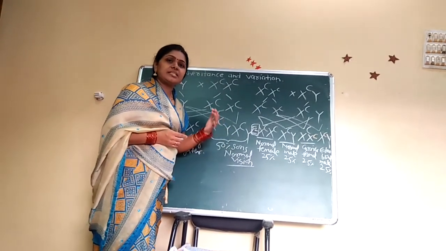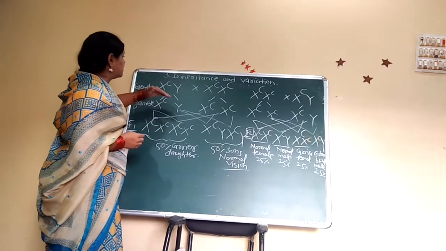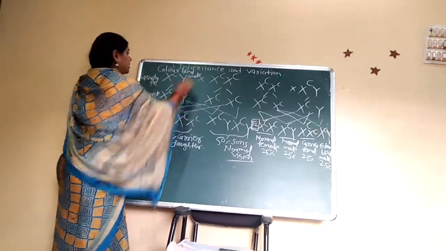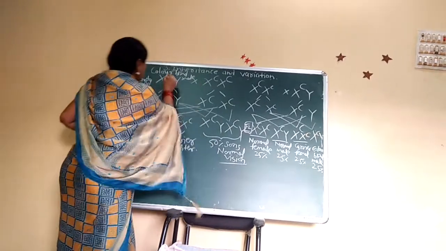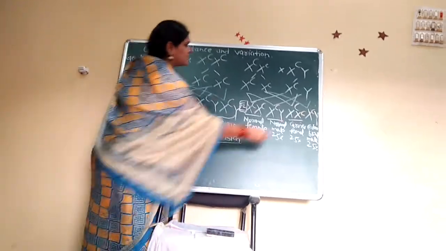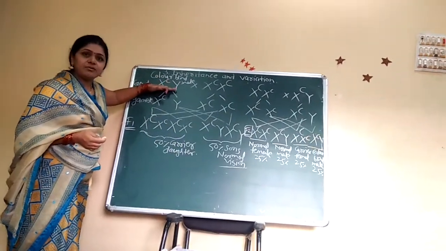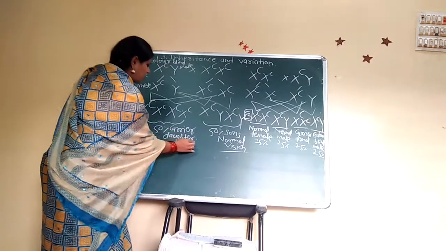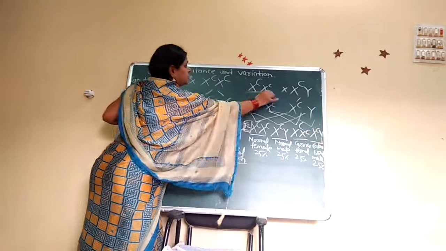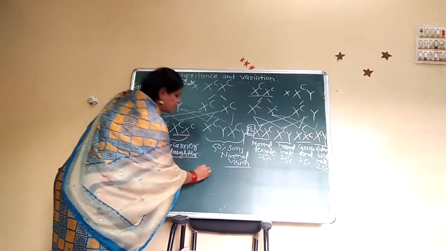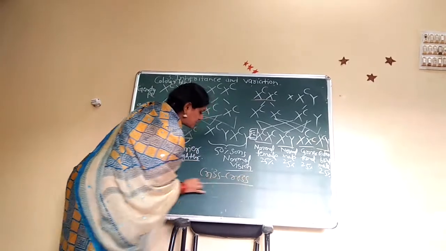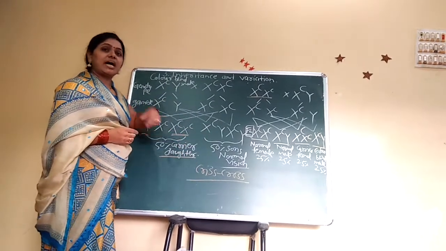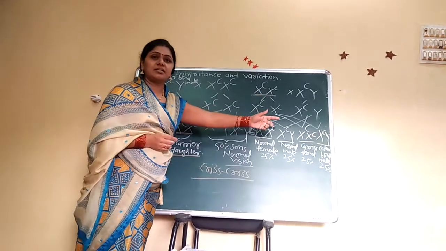Criss-cross condition means that the father transfers the color blind trait here, a sex-linked disorder which is inherited from father to his grandson through his daughter.